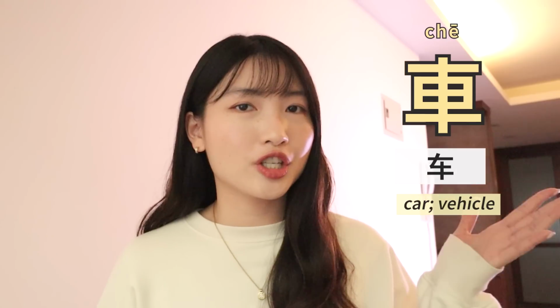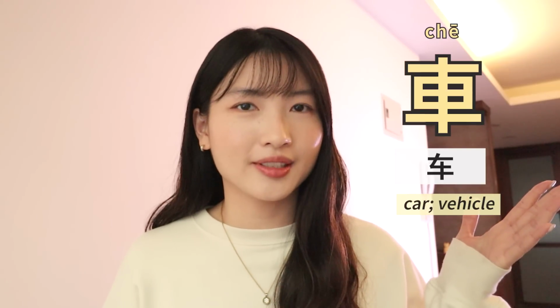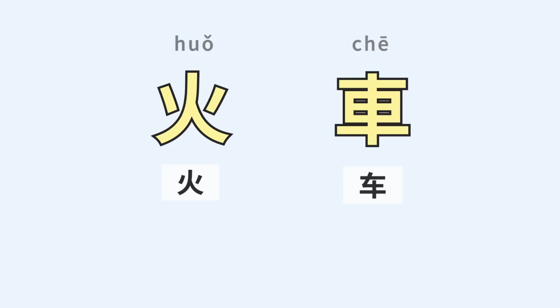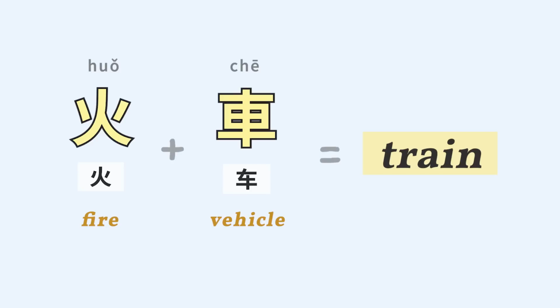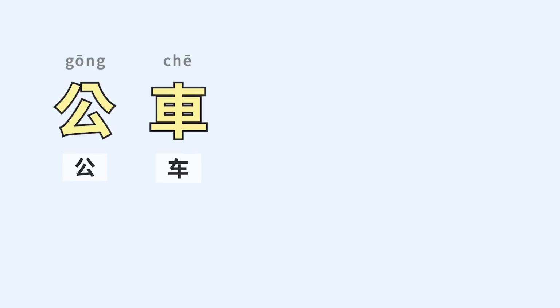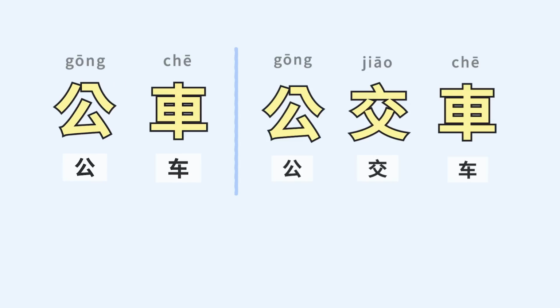Here's another example. As society advanced, more and more types of transportation appeared. Many of their names were created by combining the root word 车 with other syllables. For example, 火车. Fire vehicle is train. 公车, or 公交车.